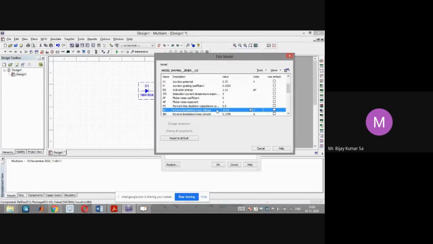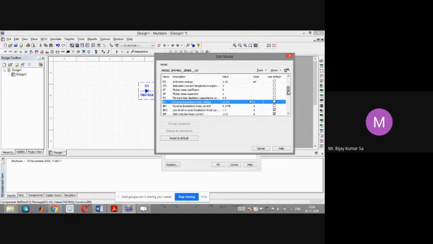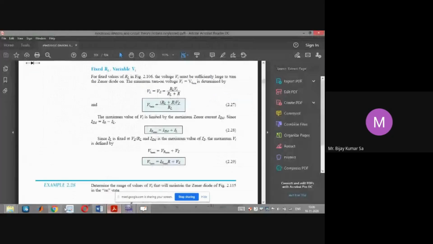The reverse breakdown voltage of this particular zener diode is 10.05 volt, whereas the forward knee voltage is 0.75 volt. Different parameters for this diode can be found from this table, or you can directly see the specification sheet which can be downloaded from the website.